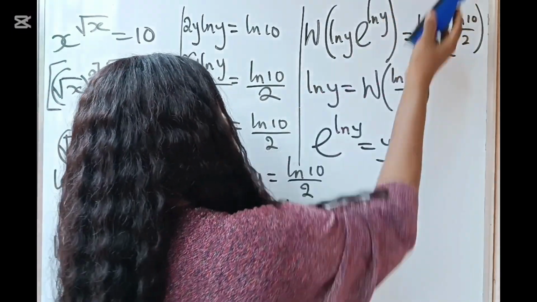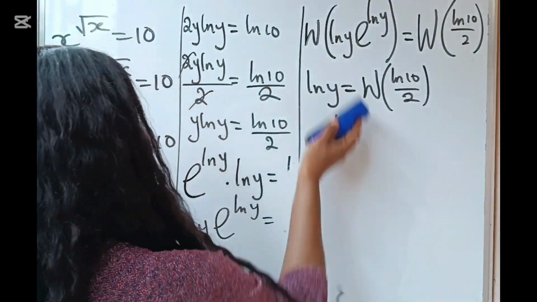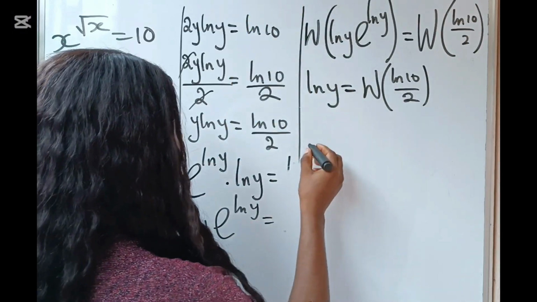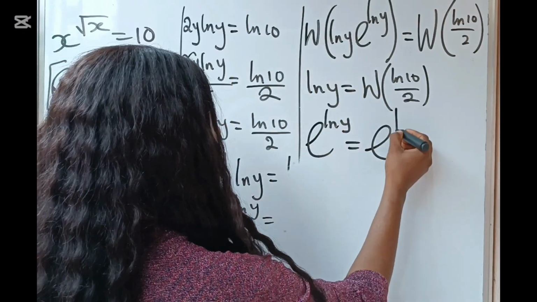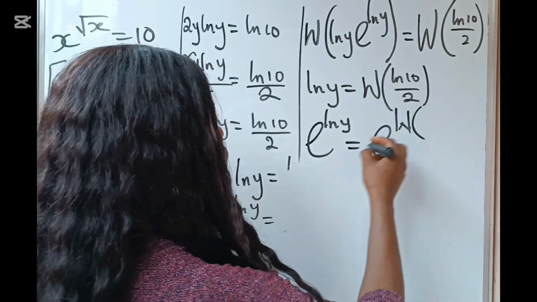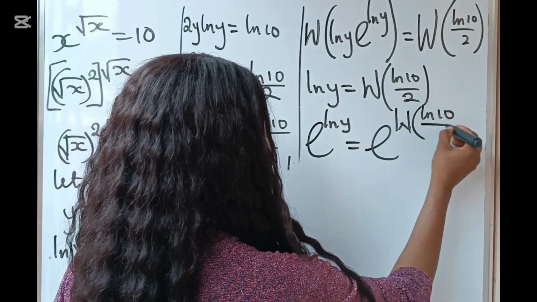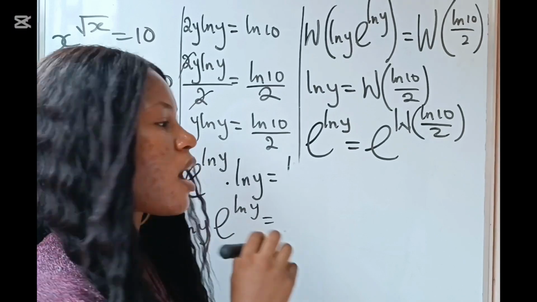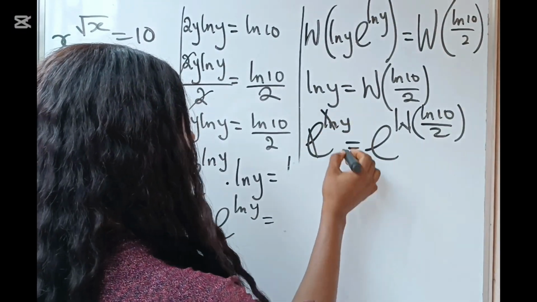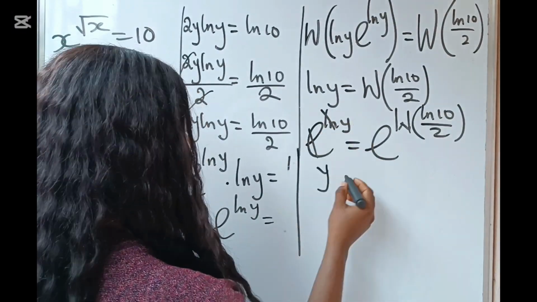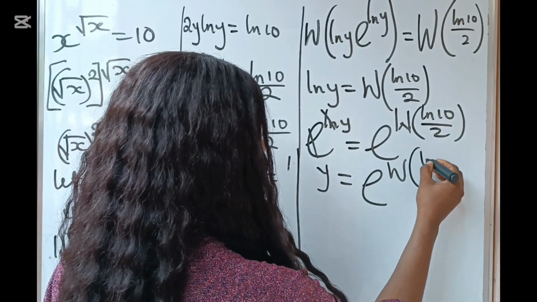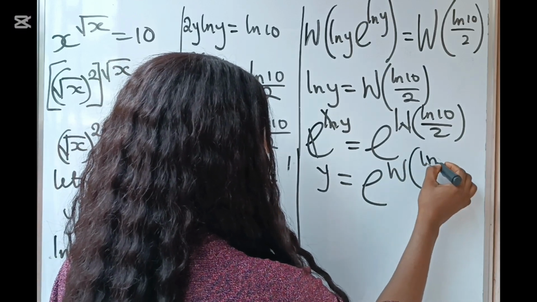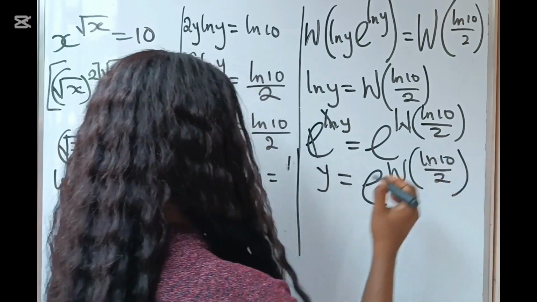So we have e to the power of ln y is equal to e to the power of the Lambert W function of ln 10 divided by 2. We cancel this to give us y is equal to e to the power of the Lambert W function of ln 10 divided by 2.